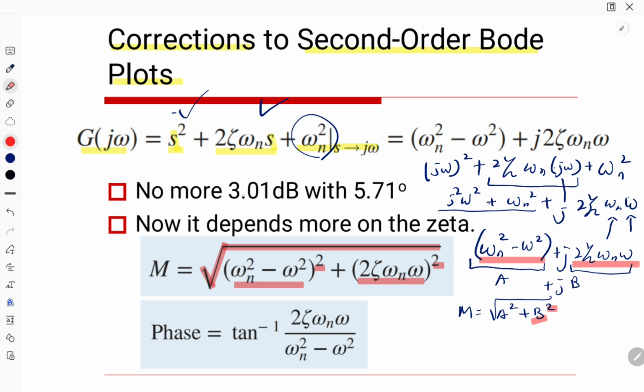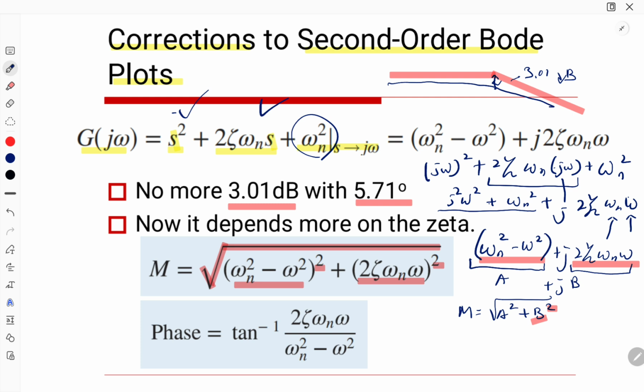And there, if you calculate it, it's no longer 3 dB, and with 5.71 degree for phase angle shift. Now it depends more on, not like here's an asymptote, and then we'll draw a nice graph like this with about minus 3 dB down.